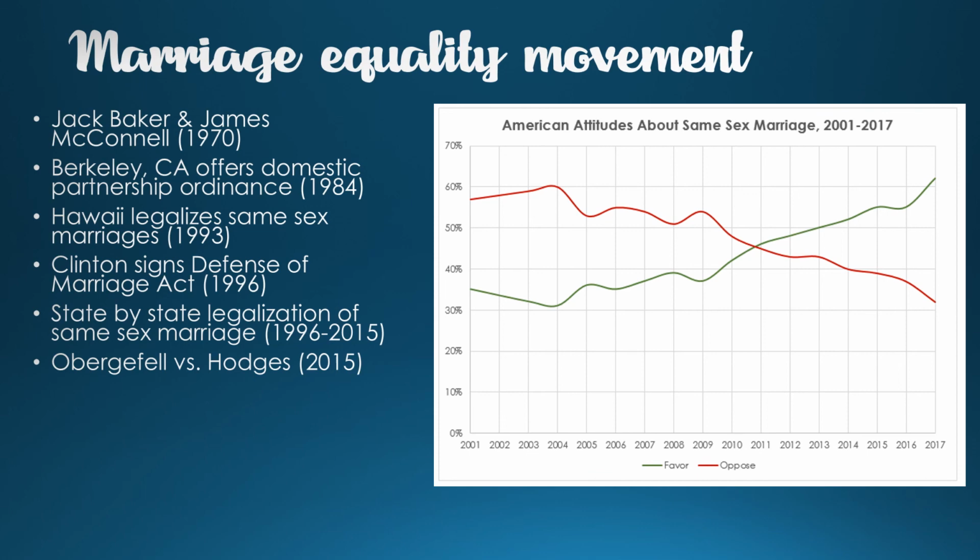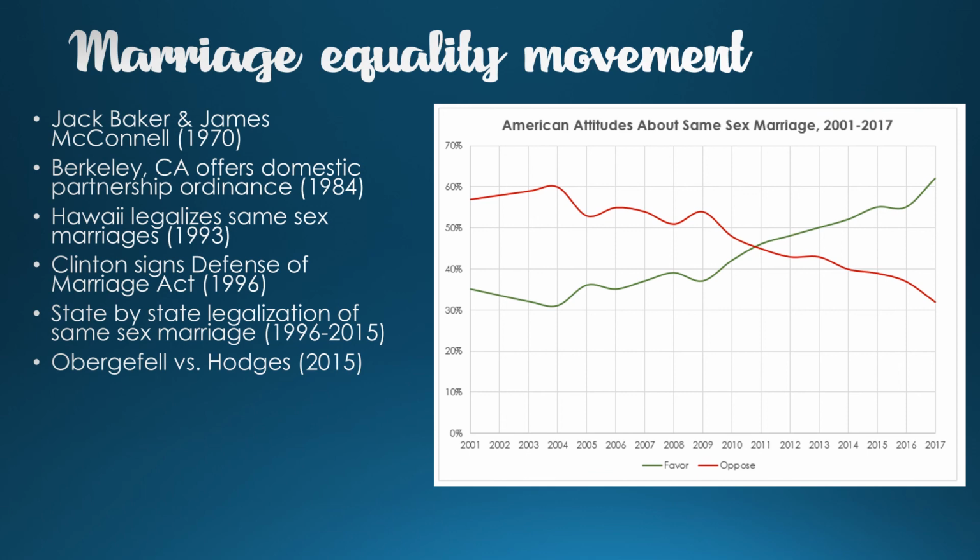What DOMA did is basically say, you may be recognized in Hawaii as a same-sex couple and you're married, but at the federal level, you will never be entitled to the benefits that heterosexual couples get once they're married. It banned same-sex marriages at the federal level, no matter what the states were doing.